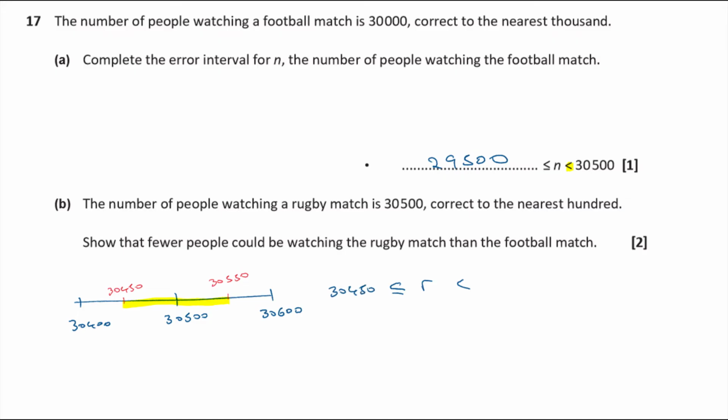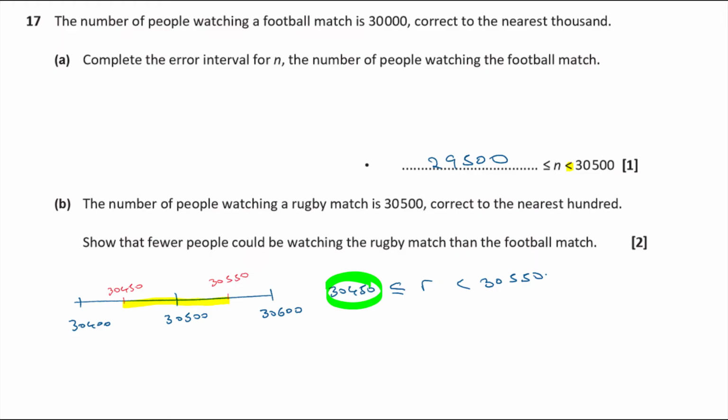Okay, so then R could be any number between 30,450 and 30,550. So show that fewer people could be watching the rugby match. Well, yeah, because we could have this number here for the number of people who watch the rugby match, and we could have something towards the upper bound of the other one, couldn't we?